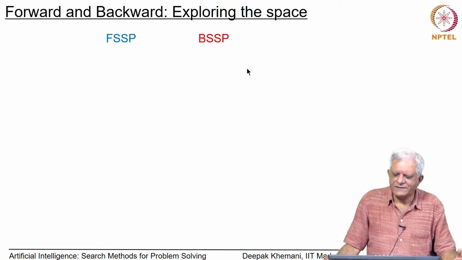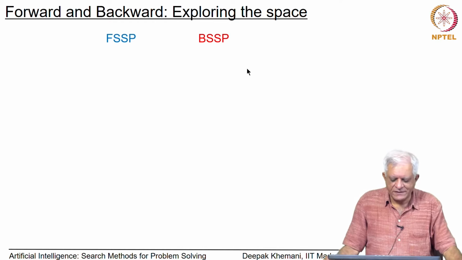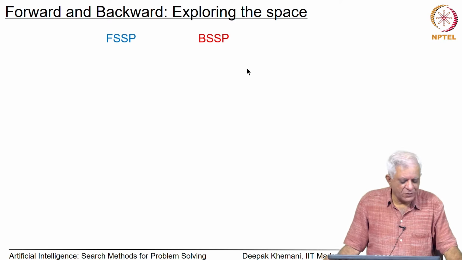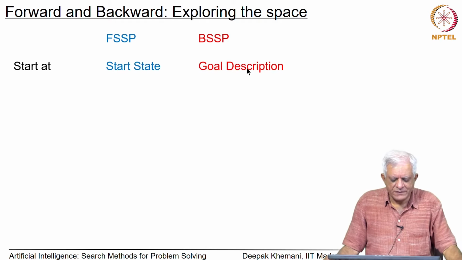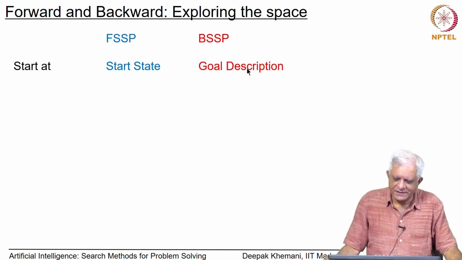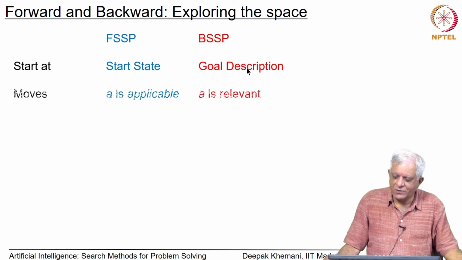In that sense, backward state space planning does exactly that, and that is why we had observed that it has lower branching factor. So, just to recap, forward state space planning starts from the start state and moves forward, and backward state space planning works with a goal description and moves backwards.